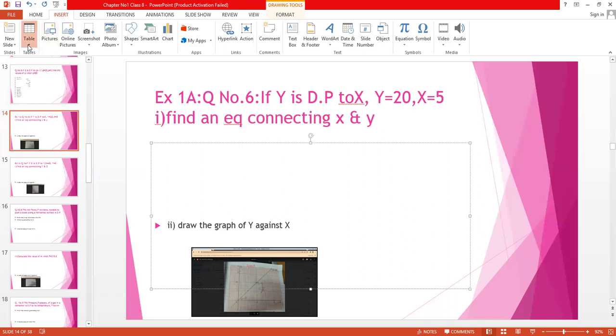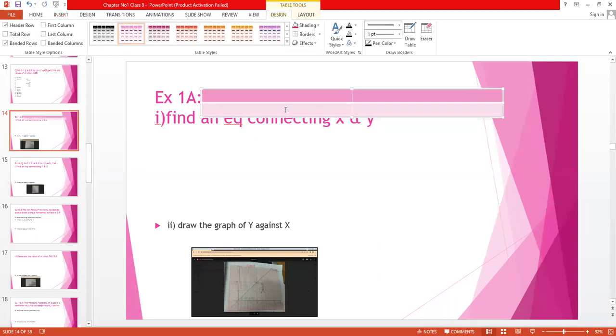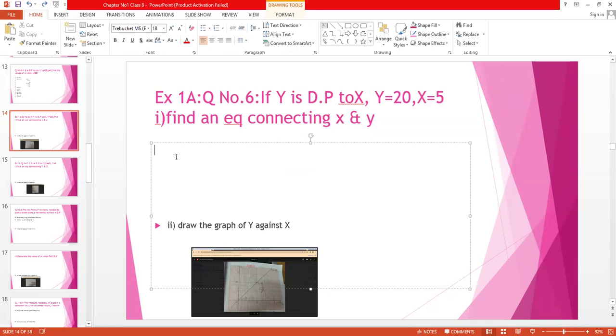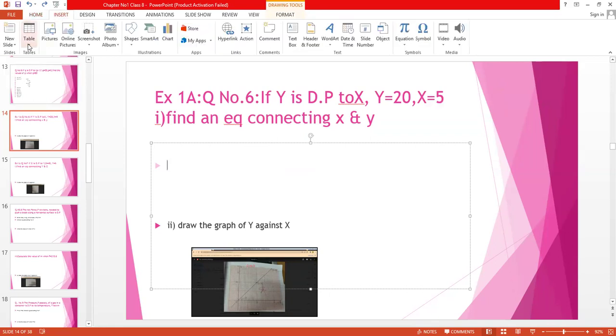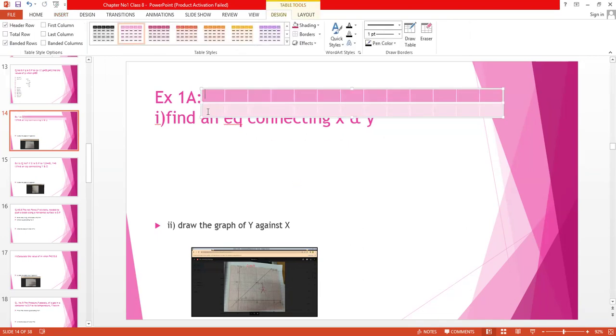First, I have to insert the table, because for drawing a graph, at least we require 2 points. So I have to draw a smaller table.